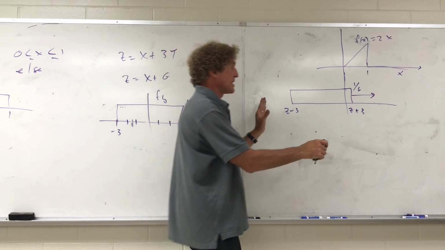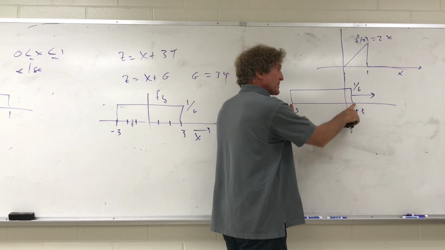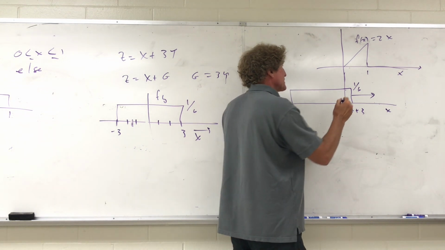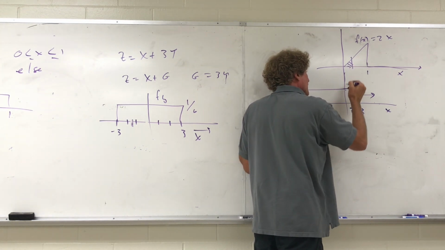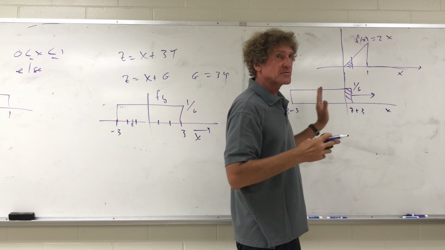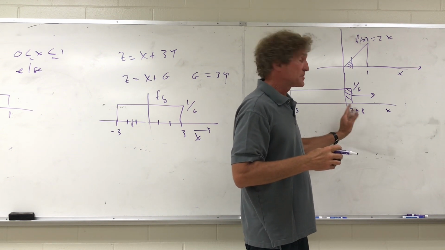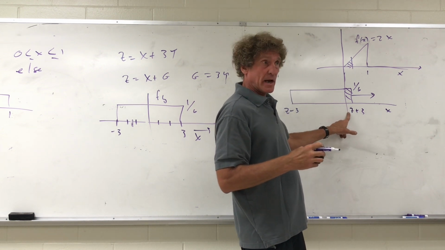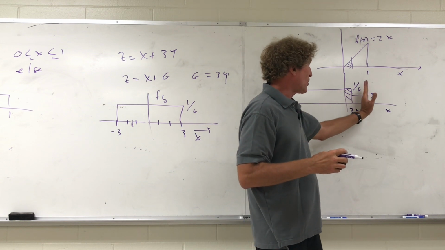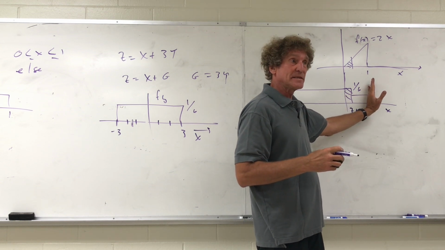Now you can see, if this is the actual width of this, when it's moving that way, here's the region of overlap in the beginning. That's from z equals -3, where we put this point right at 0. And it would be from -3 to when it gets all the way through here and hits 1, which would be z equals -2.